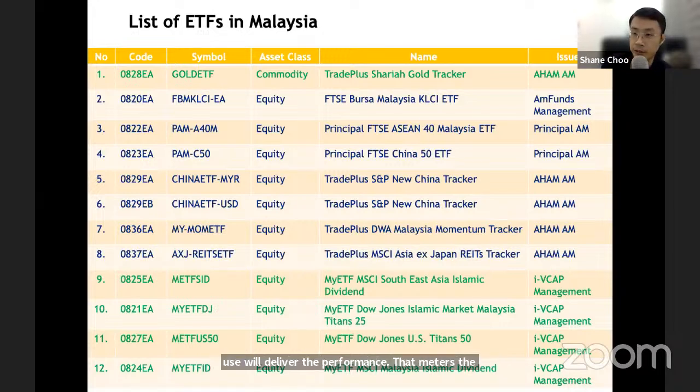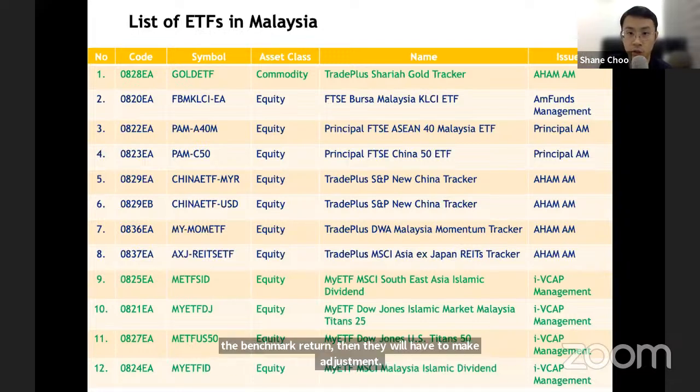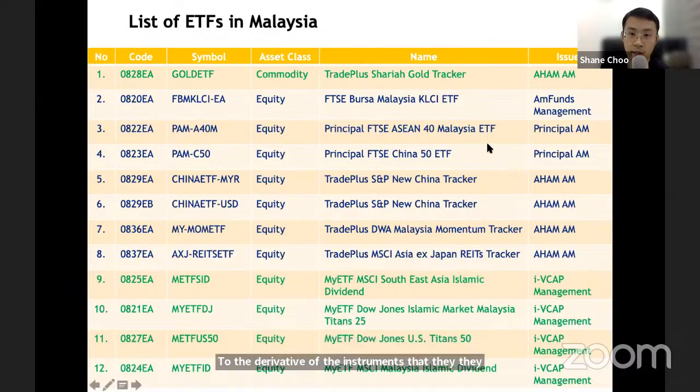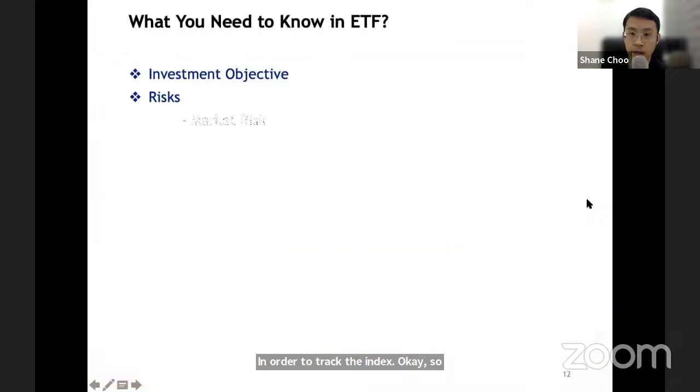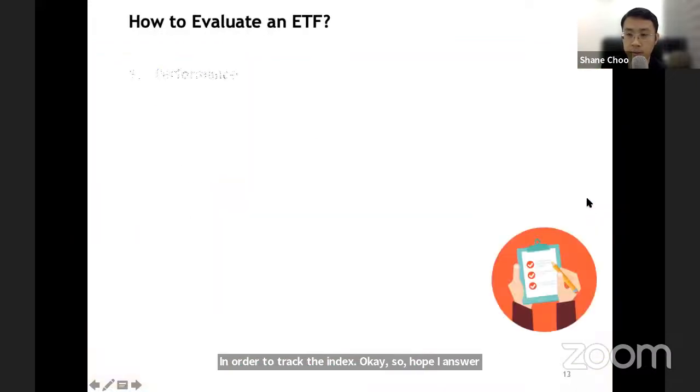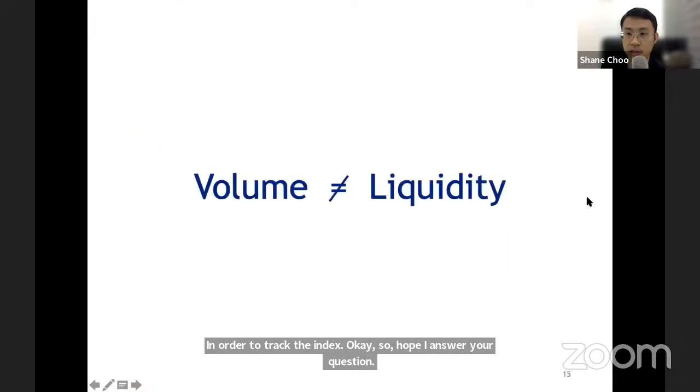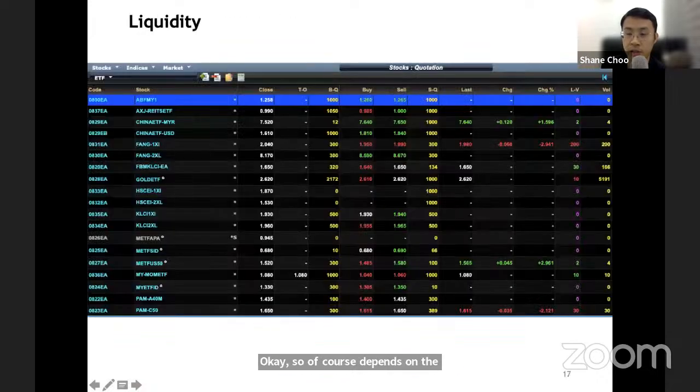If the performance diverges or differs too much from the benchmark return, then they will have to make adjustments to the derivatives or instruments they buy in order to track the index. So I hope I answered your question. Of course it depends on the index and on the replication methodology.